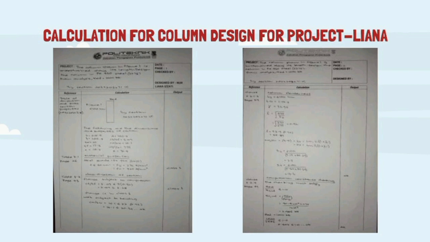NED is 1,000 kN. So 1,000 divided by 2,486 is lower than 1.0. 0.402 less than 1.0. The result is okay.